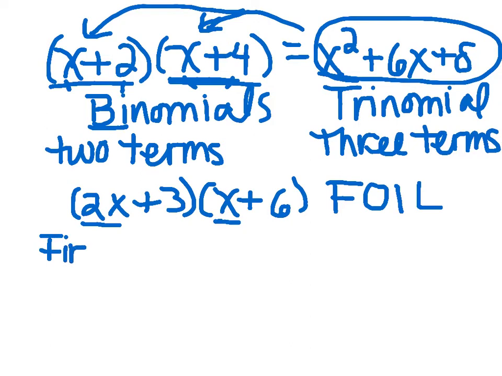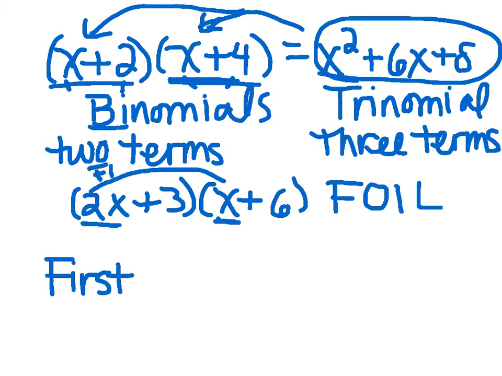Actually, I'm probably too close there. Going to move this down. First. And it simply means the first terms of each binomial. And so if I were to write this like this, I'd say first. The O stands for outer. And that just means you can see it on the outsides.